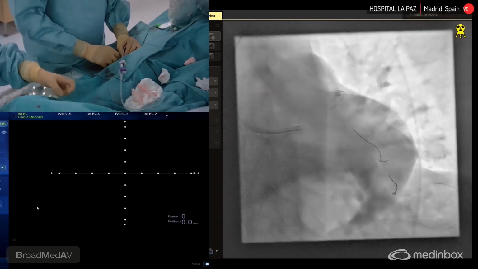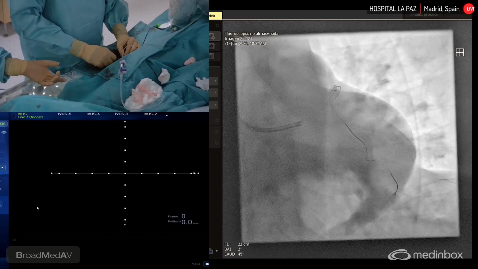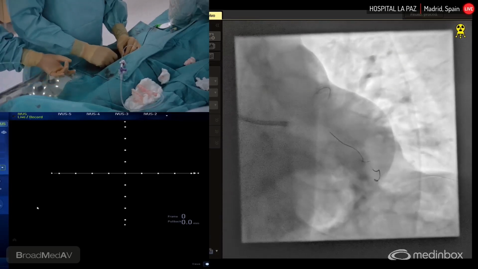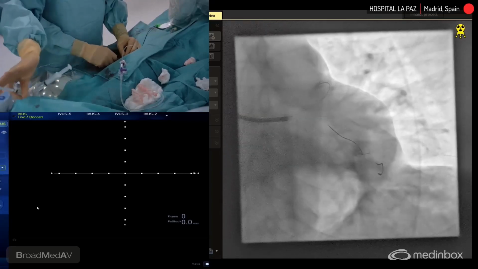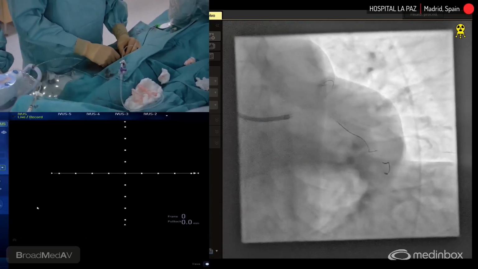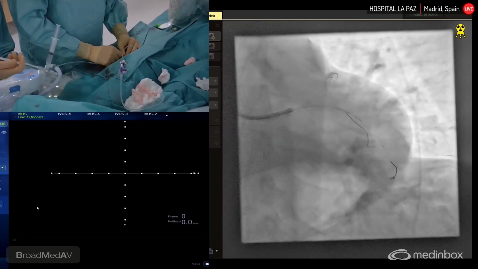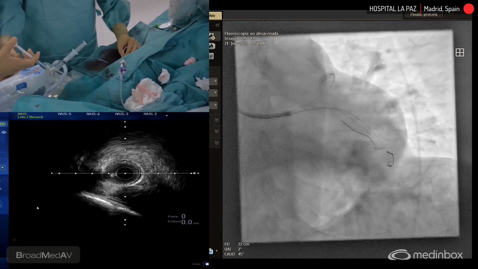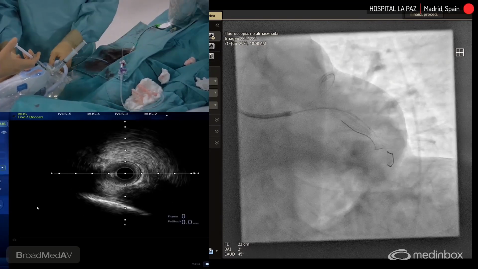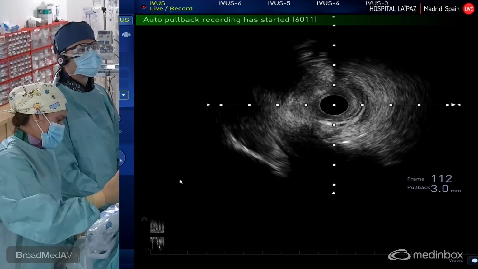Okay. Here, distal to the stent. Okay, this is the distal vessel.